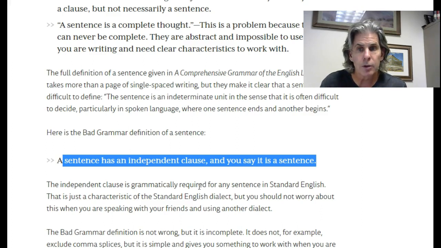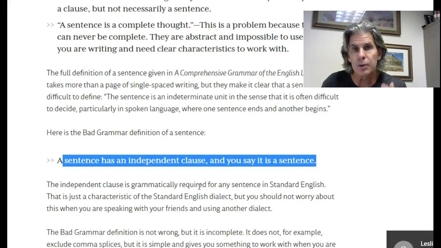But also the other aspect of it, which we'll keep coming back to, is that you say it is. This is very important for writing. And this is the style aspect. One student will say, you know what, I like that independent clause. That's a sentence. I'm going to move on to my next one. Another student might go, you know what, I think I need to give more detail. And you're going to go into more detail on it. That's what a sentence is.